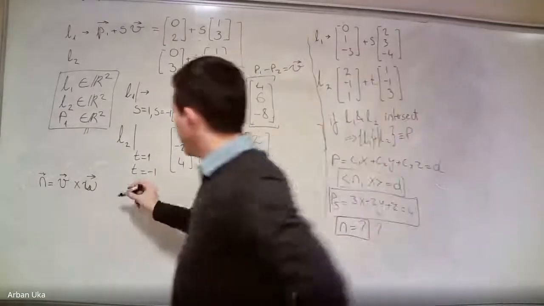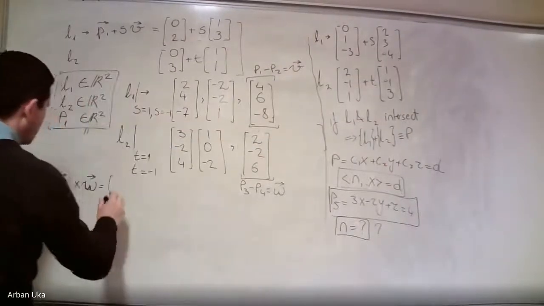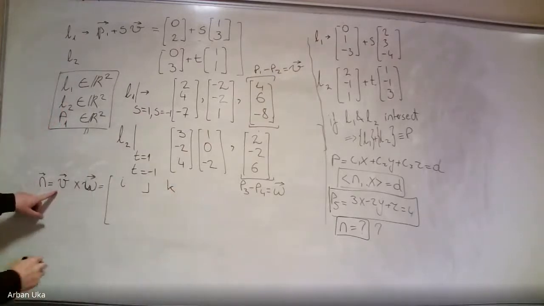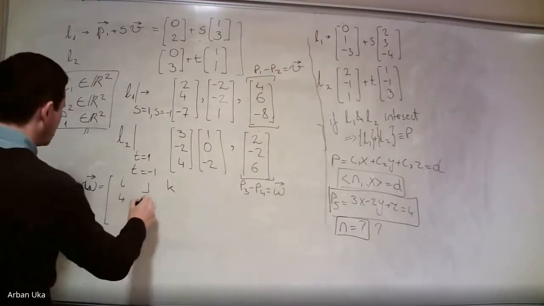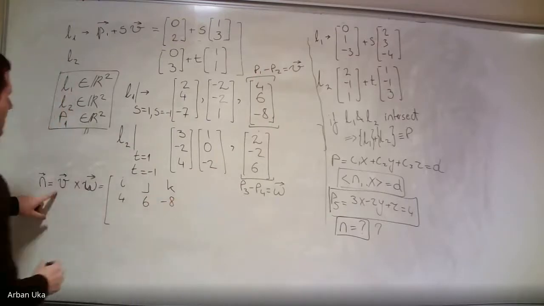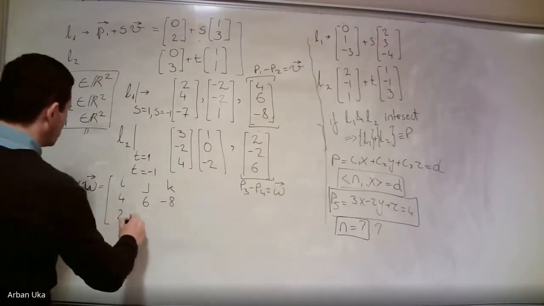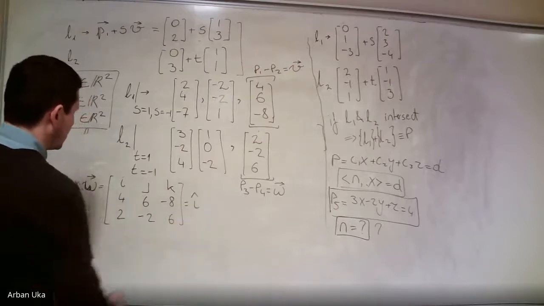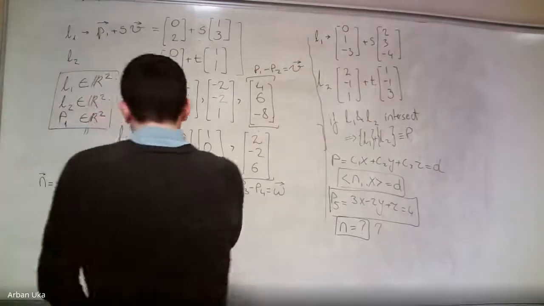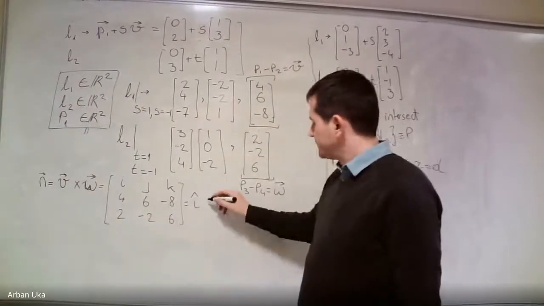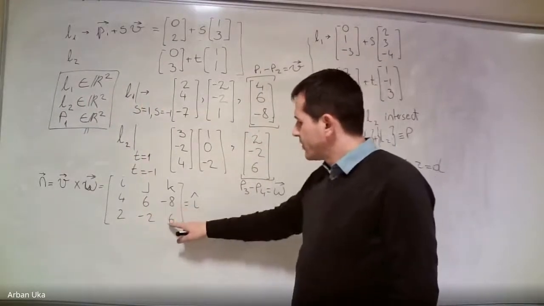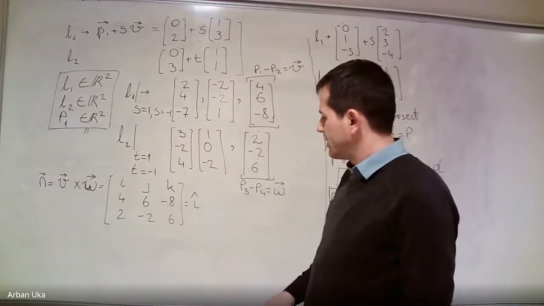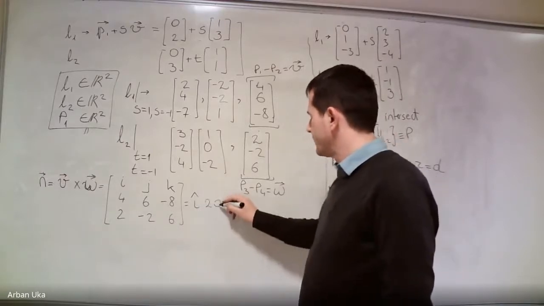So let's do the cross product. Here we have i, j, and k, and vector v is 4, 6, minus 8, and the other vector is 2, minus 2, 6. For i, we get 6 times 6, 36, minus 16, 20.